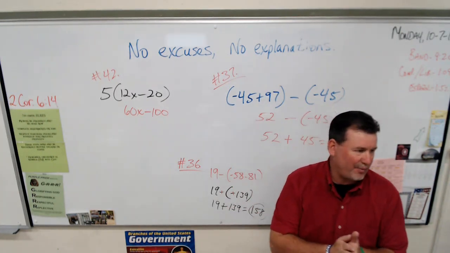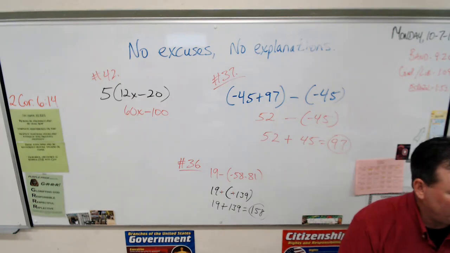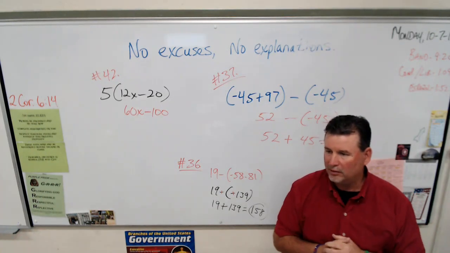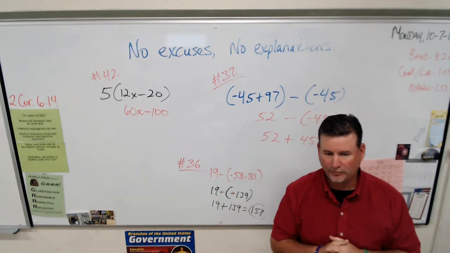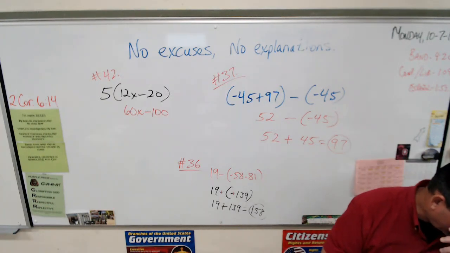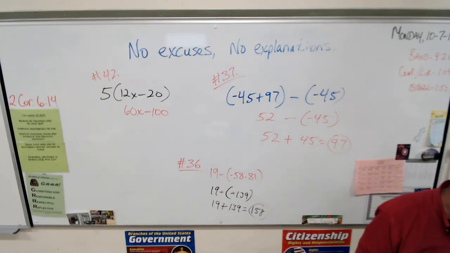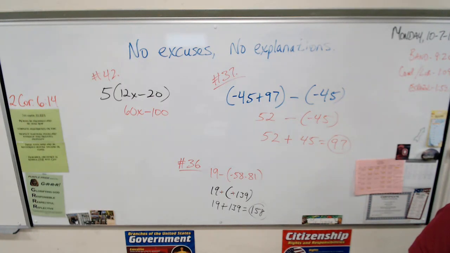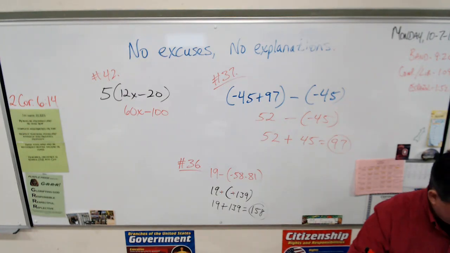3 minutes to make sure you are thoroughly prepared for tomorrow's test. Sure, we'll go. Number 38. Listen, what's 7 times 9? Negative 28 plus negative 95.